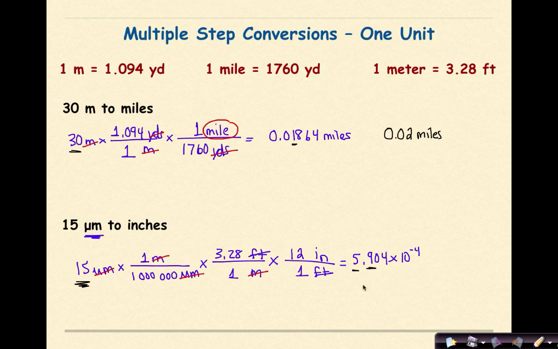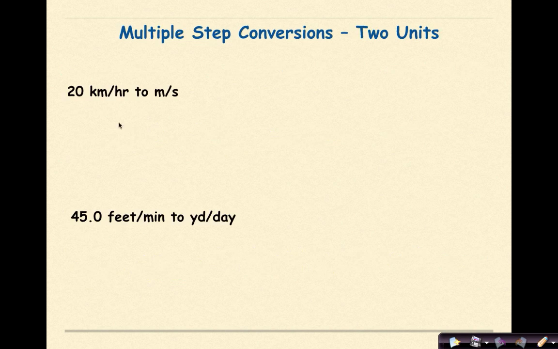I'm going to take the 9 into consideration. The 0, 4, I'm going to disregard. So my final answer here will be 5.9 times 10 to the negative 4 inches. All labeled to the correct number of significant figures, which is definitely important.